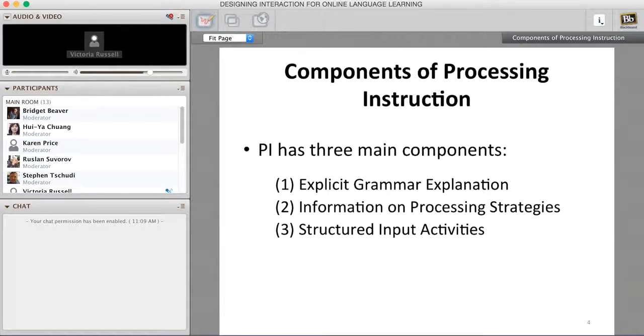Some researchers argue that the explicit information component may not be necessary. They argue that maybe only the structured input activities are what's needed to bring about a beneficial effect. I'm going to show you some research findings regarding this debate at the end of this presentation.